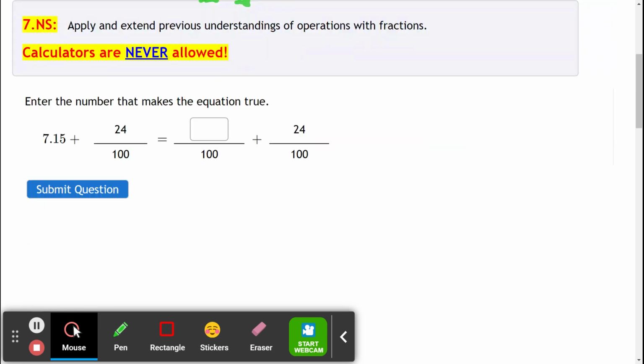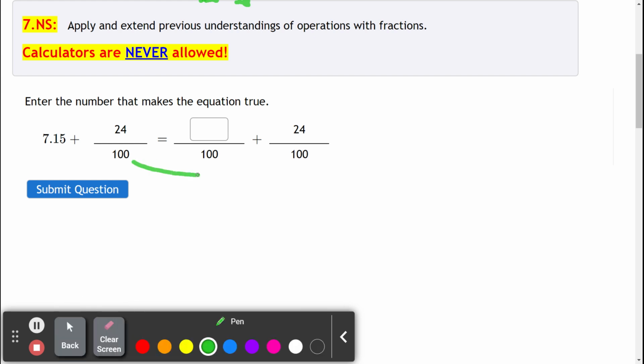All right. This one, let's see. Okay, what I see here is these are the same. That's all taken care of. But that 7.15, we have to make that a fraction over 100.